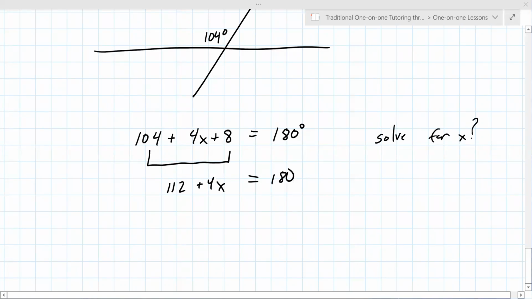Okay, and then what do you do from here, Sourish? Subtract both sides by 112. So go ahead and do that. You know how to solve it from here.